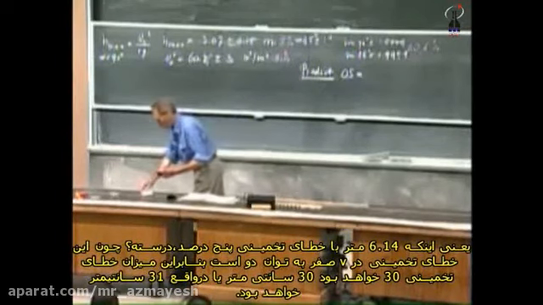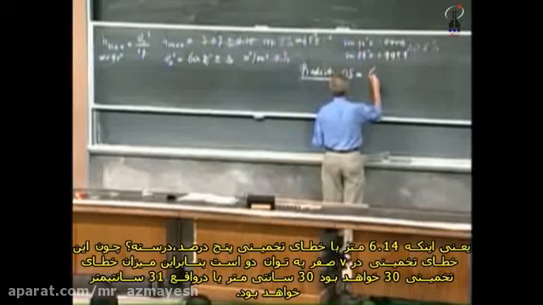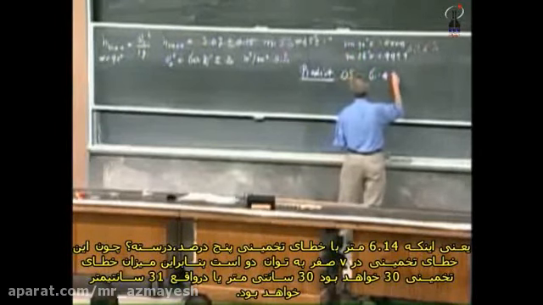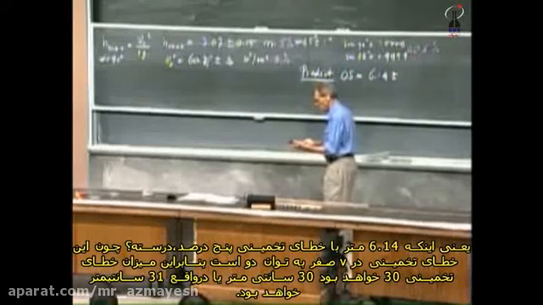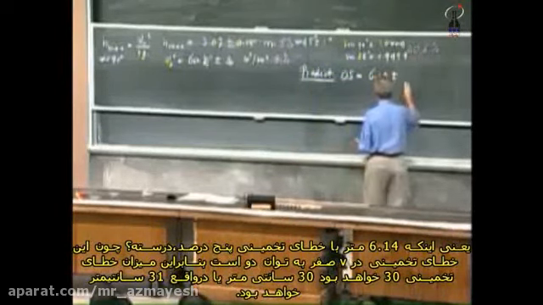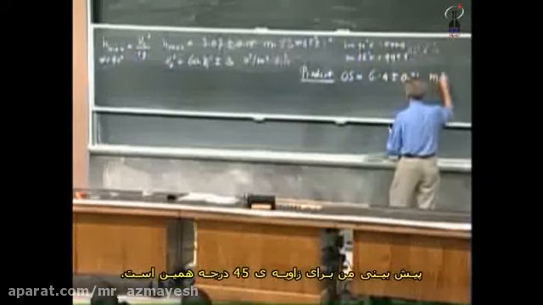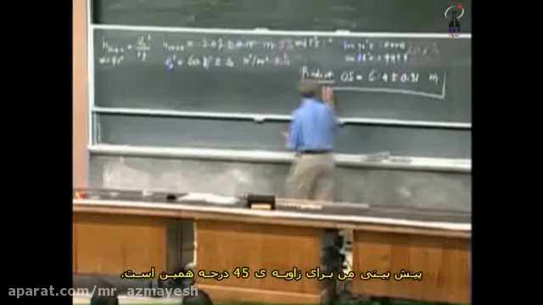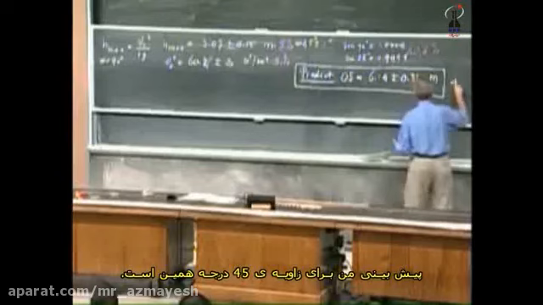That is 6.14 meters. With an uncertainty of 5%, right? Because that's the uncertainty in v0 squared. And so that is an uncertainty of 30 centimeters, actually 31 centimeters. This is my prediction for an angle of 45 degrees.